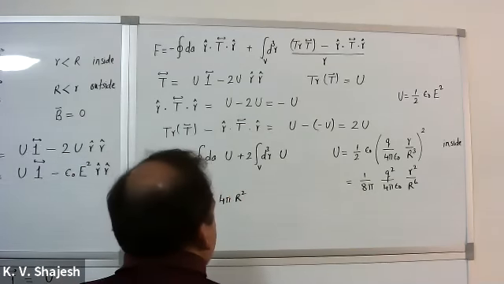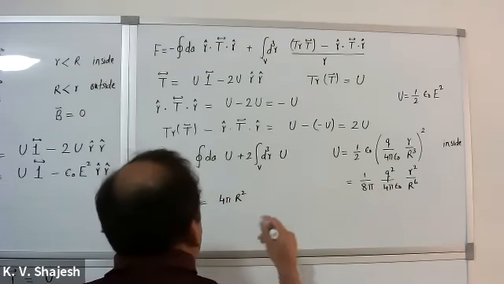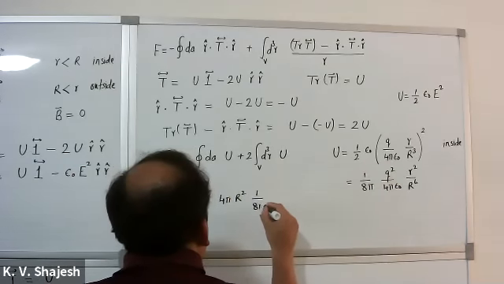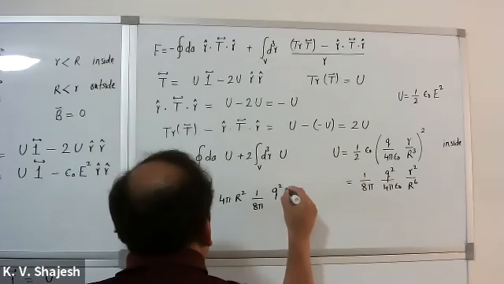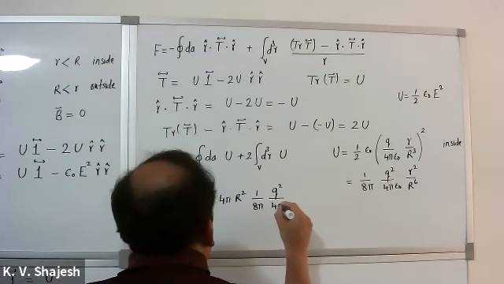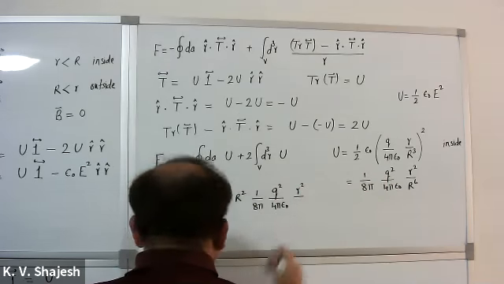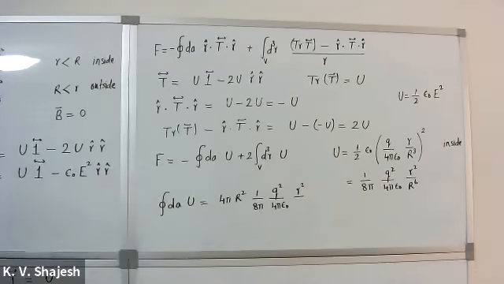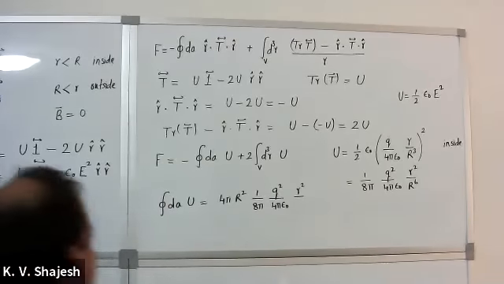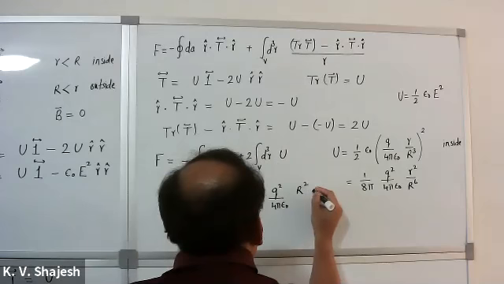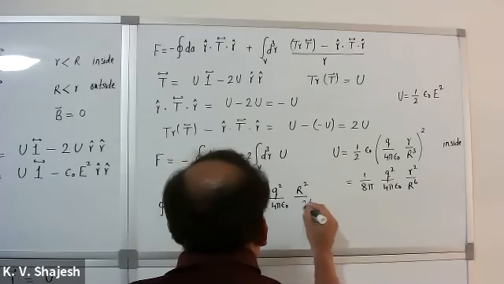And I multiply that with u on that surface. So that's 1 over 8 pi times q squared over 4 pi epsilon naught times R squared. No, small r should be capital R.